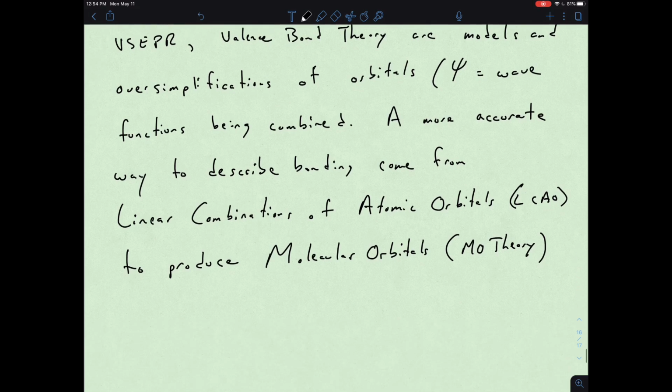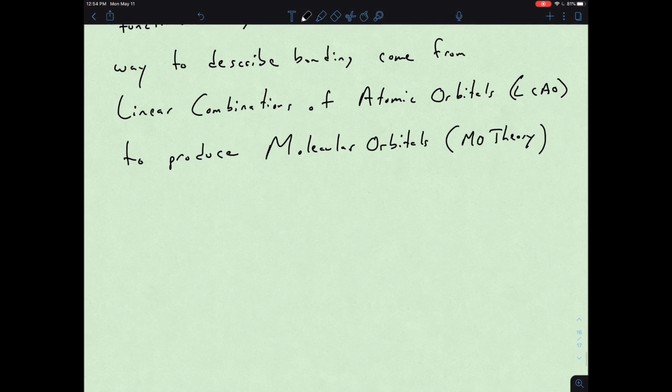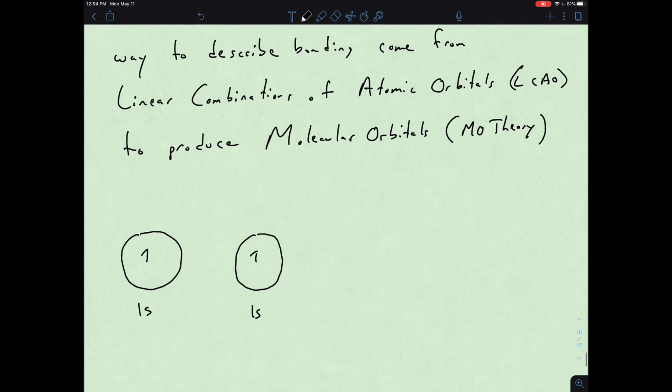So if we look at something very simple in terms of an s orbital. S orbitals are spherical, and so going down to the lowest of the energy levels, the 1s, we could say that in each orbital here, there's one electron in each of these two different elements.